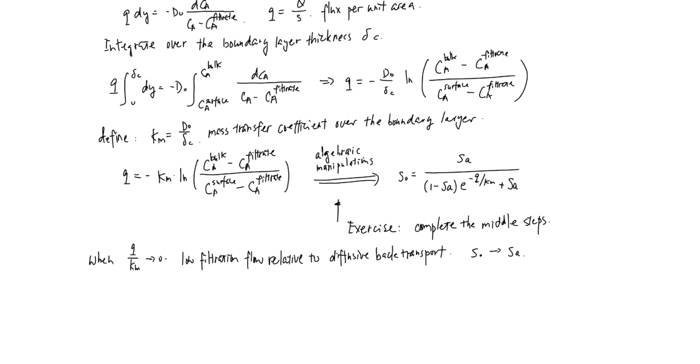On the other hand, when Q divided by Km is much larger than 1, it means strong filtration flow with limited diffusion. Then we have the observed sieving coefficient close to 1.